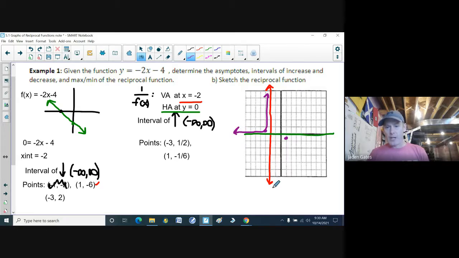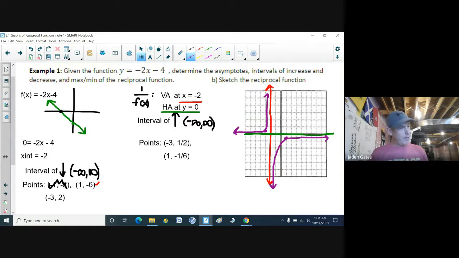Following my vertical asymptote and horizontal asymptote, I'm increasing and increasing and increasing, going through this point, still increasing, but hugging my asymptote. And there would be the graph of our reciprocal function, a sketch of it, just following the rules of graphing asymptotes.